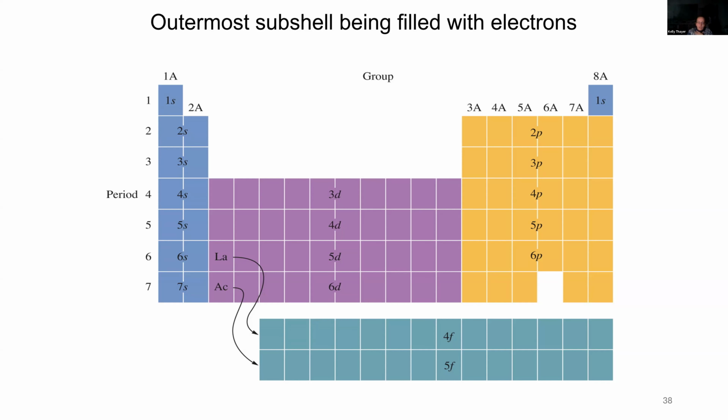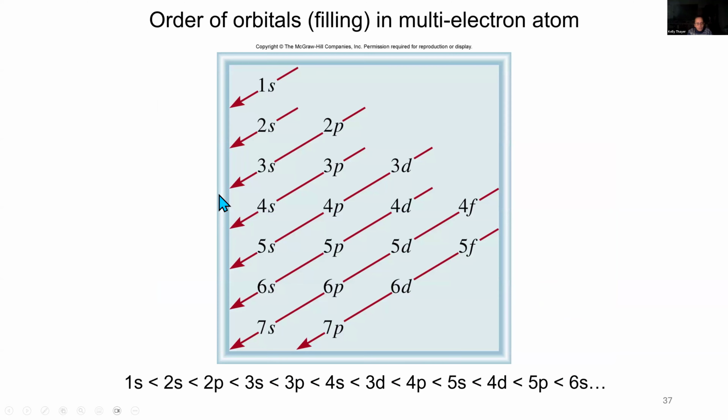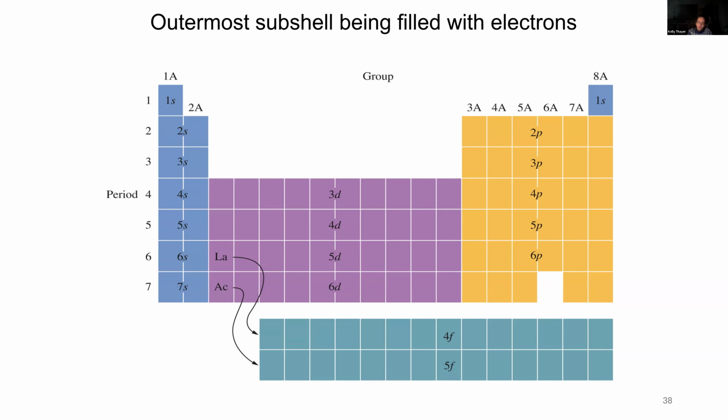So you have your 3d10, then you have your 4p's, and now we go to the 5s's, which is going to take 2. And so you'll see then the pattern here that as we trace out these patterns, it matches up to the periodic table, right? So this has then the f subshells getting filled. This is for the lanthanide and actinide series down here, which are going to then be filling those f orbitals, which are going to be highly complex.